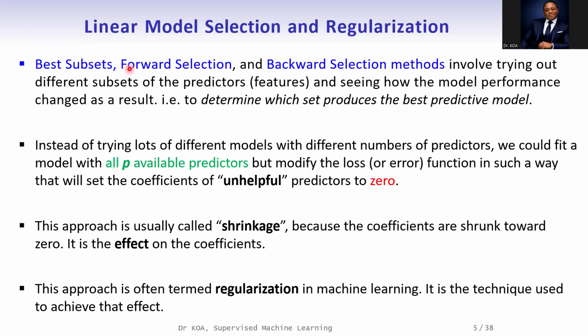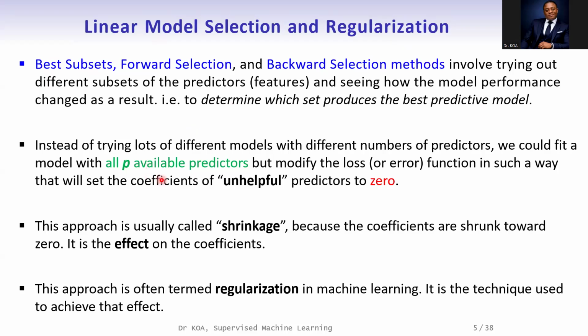Now, the best subsets that we did, the forward selection, the backward selection, all of them were trying to address the predictors, and seeing how the model changed as a result, in order to determine which set produces the best predictive power. That's what those methods do. They want to know which predictors are the best.